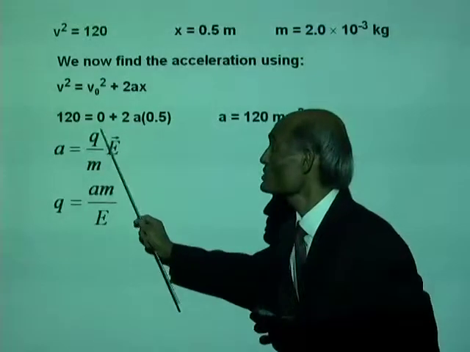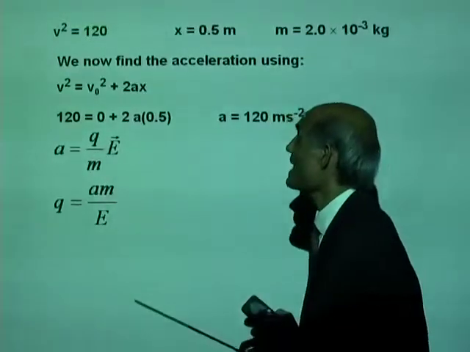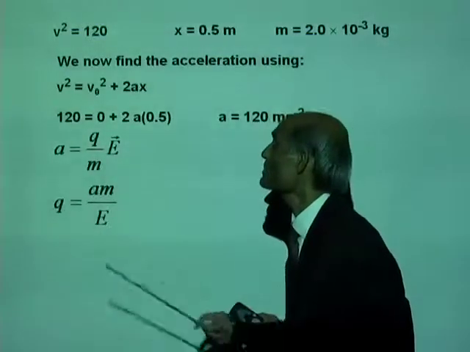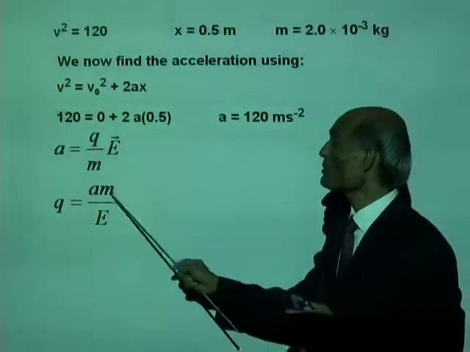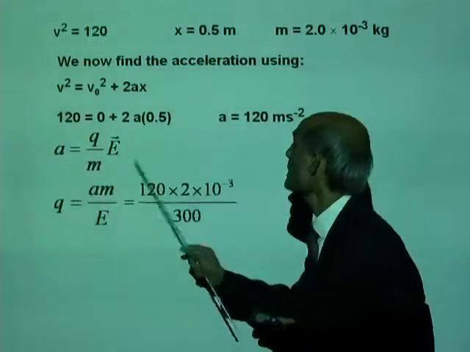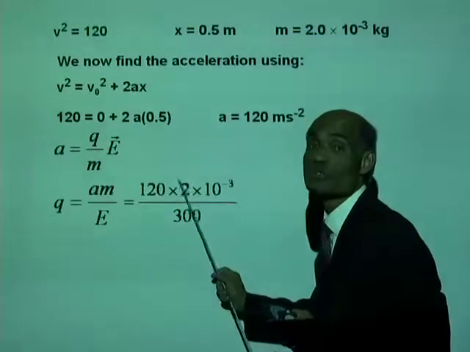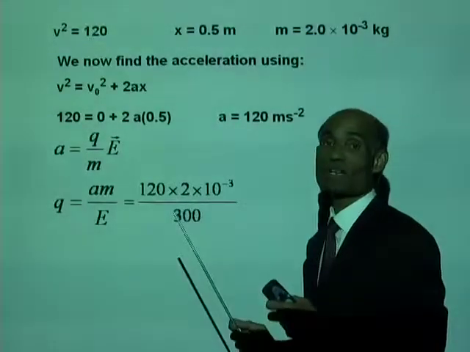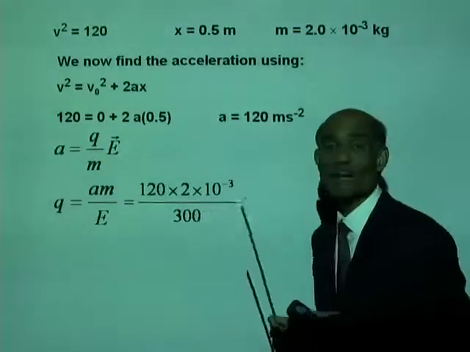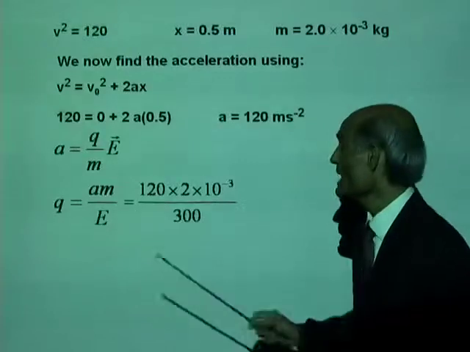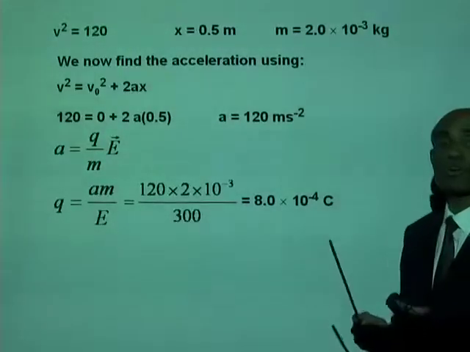Well, we're looking for that charge Q. We know a equal to Q over m times E, or Q equal to a times m divided by E, and we have all these values. a is 120 meter per second squared, and mass is 2 grams, 2 times 10 to the negative 3 kilogram, and E, the electric field, is given to us is 300 Newton per coulomb. Therefore, Q equal to 8 times 10 to the negative 4 coulombs.